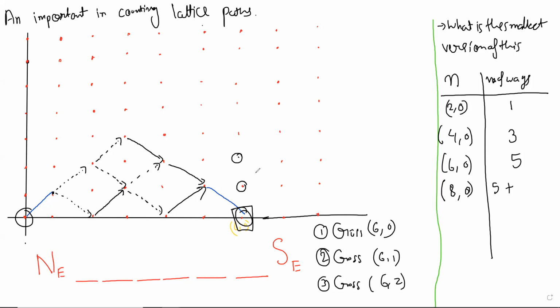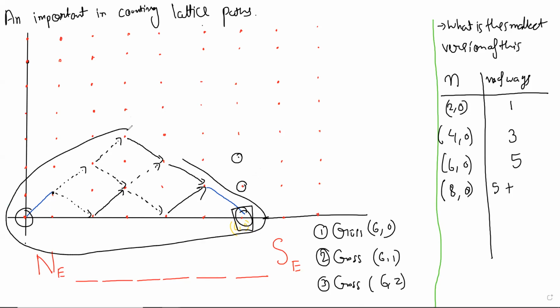Now the way we can imagine is we can consider any path from 0, 0 to 6, 0, right? And we can just shift it up by 1 unit and move it to the right by 1 unit, right? So instead of starting from here, it will now start from here.